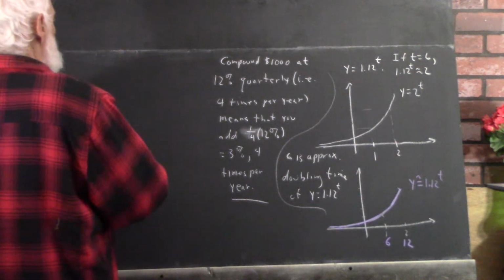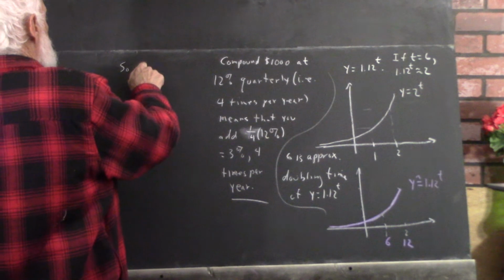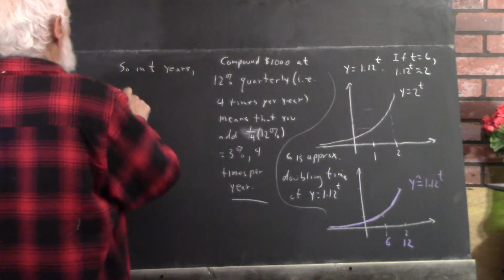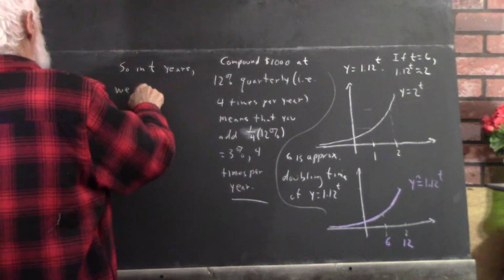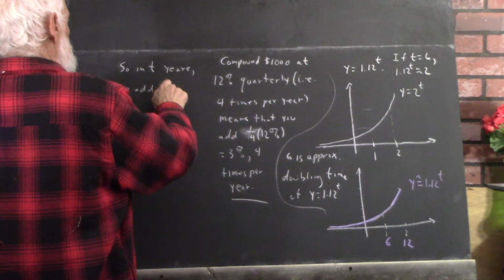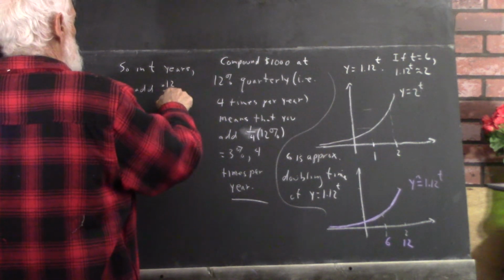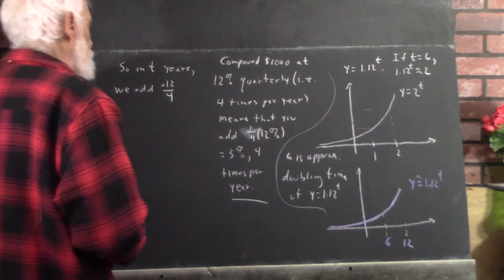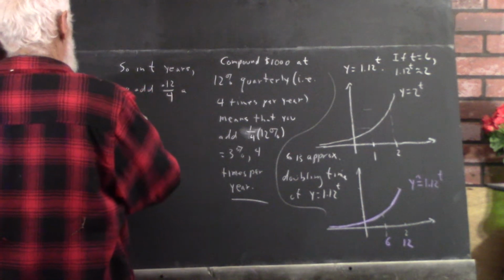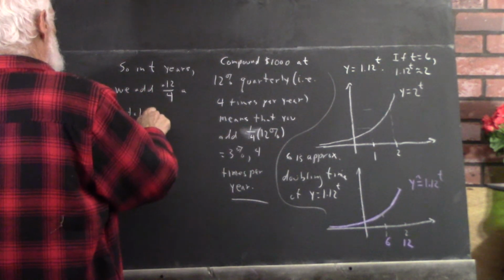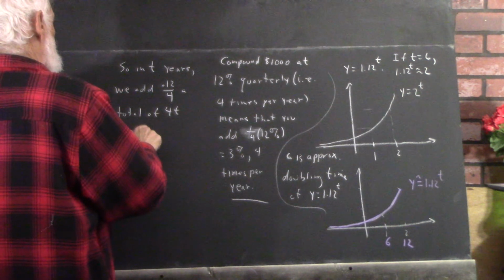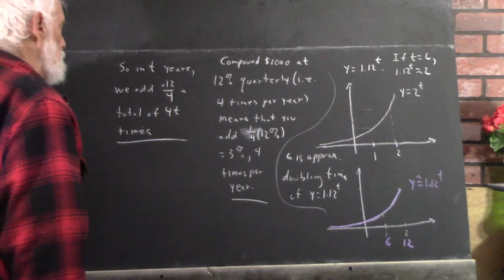Okay, so in 2 years, we add 0.12 over 4, a total of 4t times.